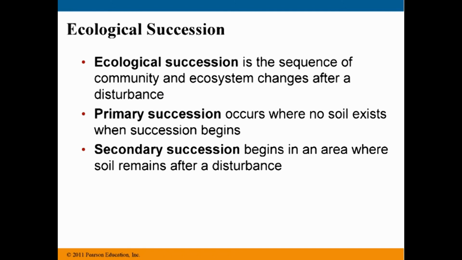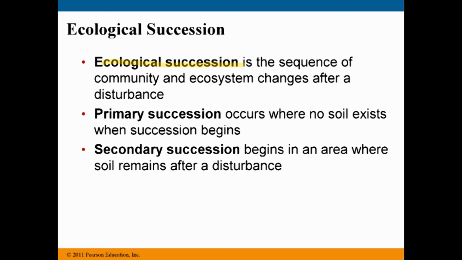So the ecological succession that I talked about, there's going to be a very predictable sequence of changes that are going to occur after a disturbance. These sequences have been very well documented. A primary succession is going to occur where no soil exists when succession begins.